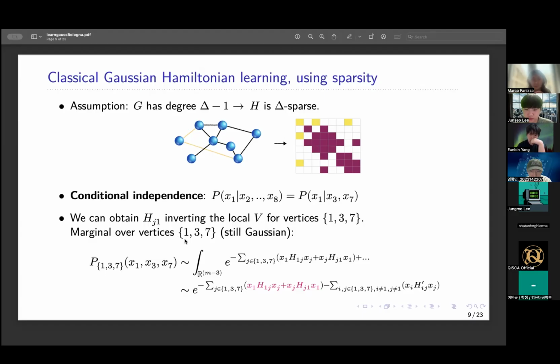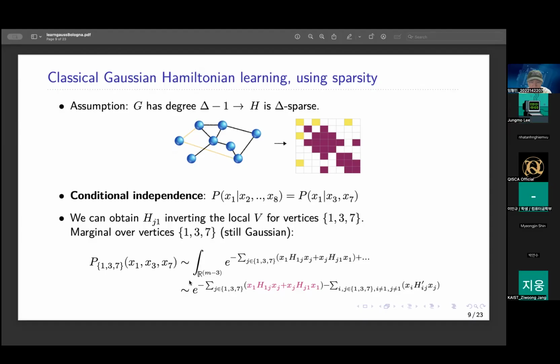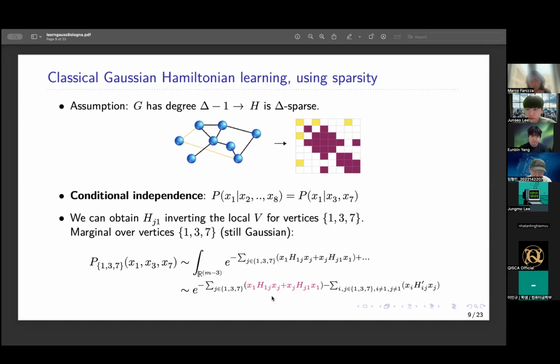What is interesting is that if we take the marginal over vertices 1, 3, 7, here note that vertex 1 is the first on the left, and it's connected to vertex 3 and 7 only. So if we take the marginal corresponding to the neighborhood of vertex 1, we can compute this by integrating out the other variables.